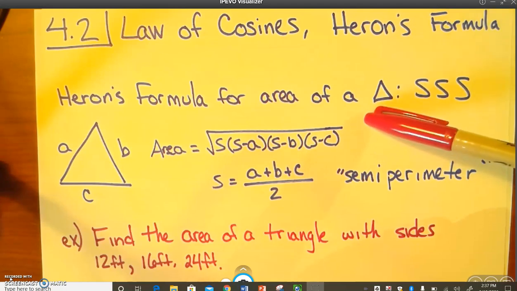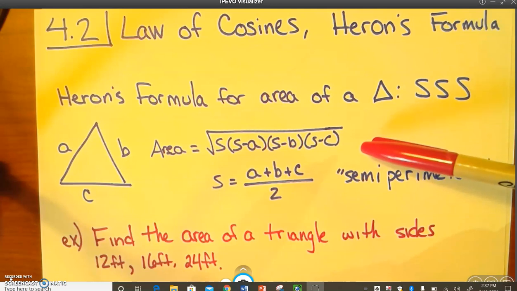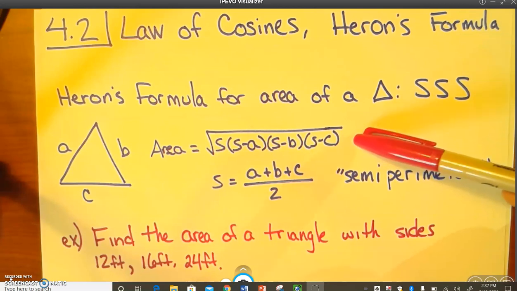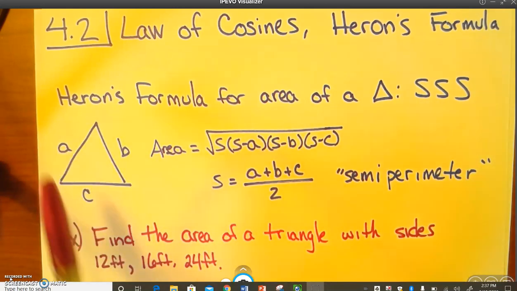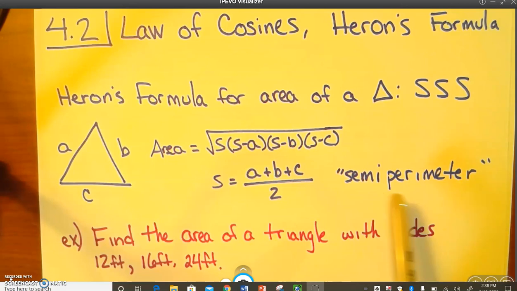This gives us the area of any triangle that we know the 3 sides for. So it doesn't have to be a right triangle. It doesn't have to be isosceles or equilateral. Any triangle. This formula works for all of them as long as it's a side-side-side situation, meaning we would be given all 3 legs of the triangle. So the area is pretty simple. It has this new term S, which stands for the semi-perimeter.